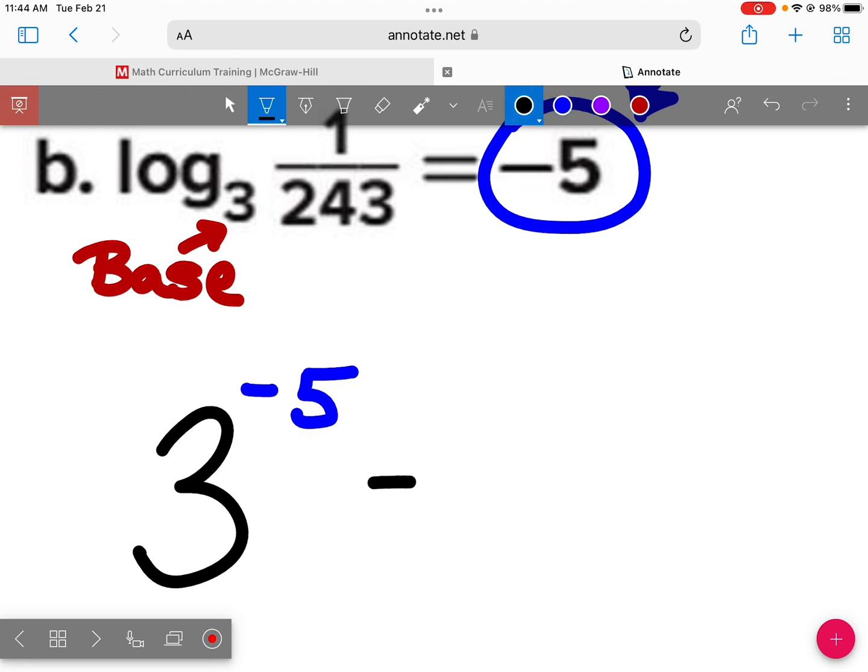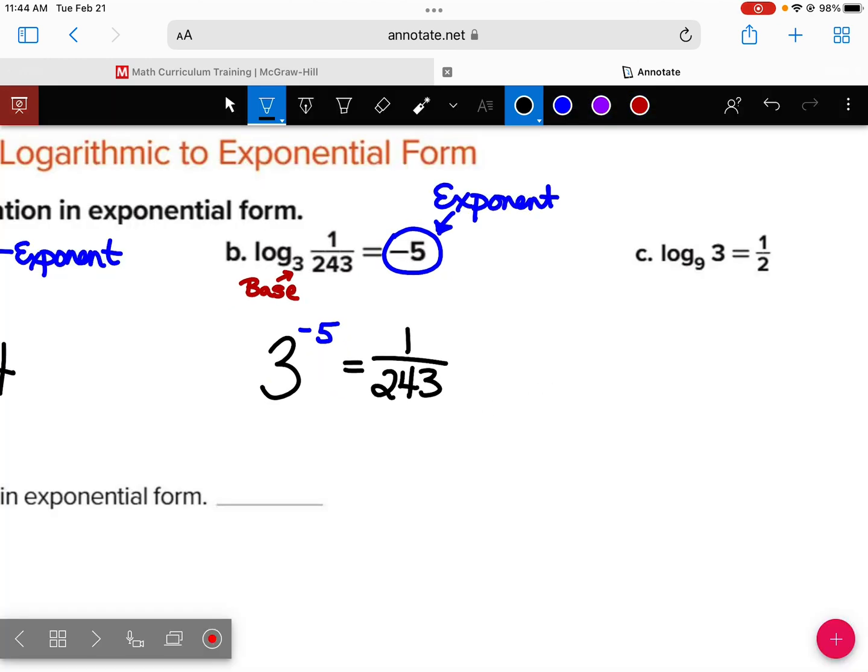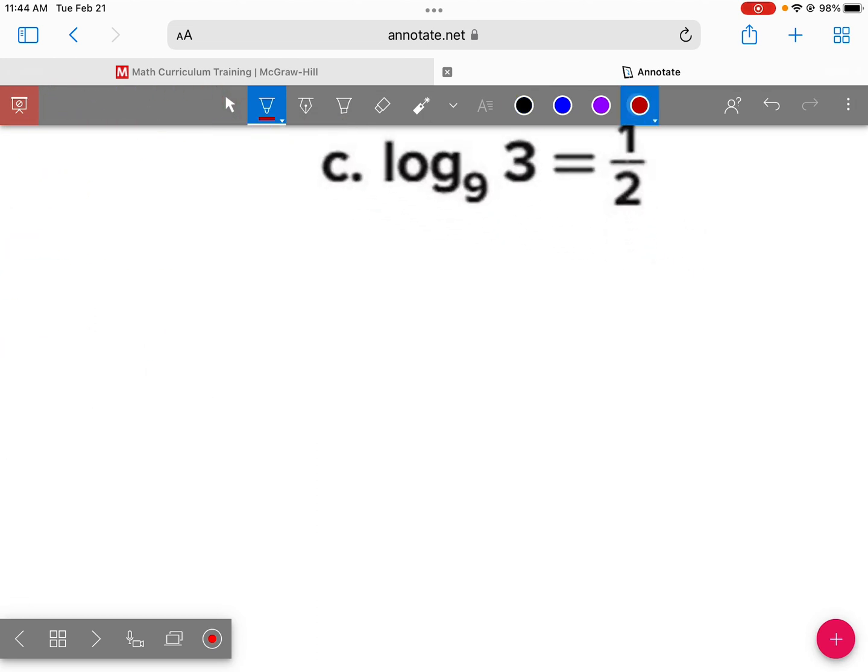So 3 to the -5 equals what? 1/243. Could you verify that on your calculator if I asked you to? Yes. When you rewrite it into its exponential form, it should be a true statement that you can check on your calculator.